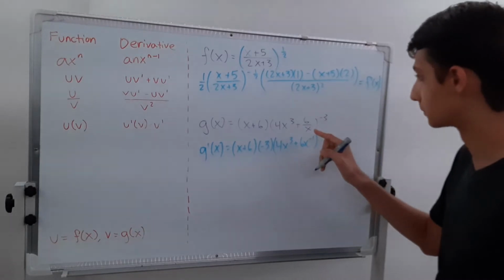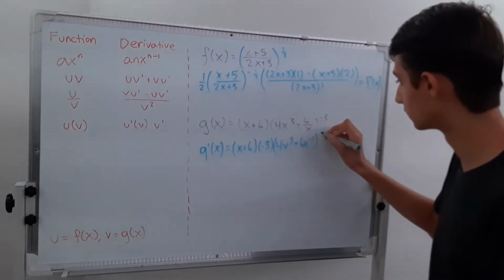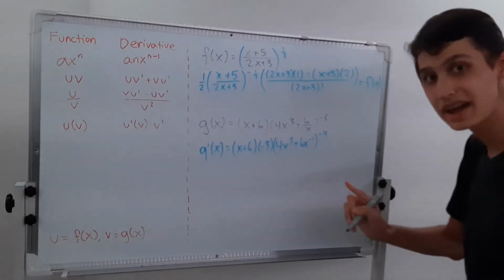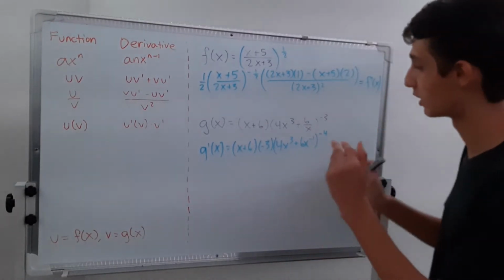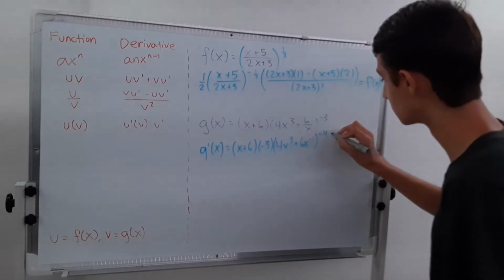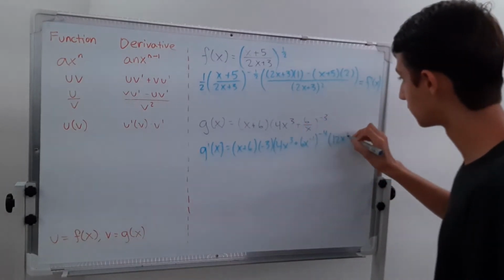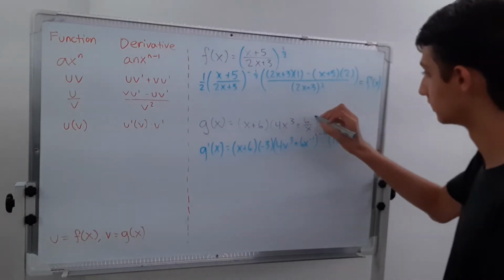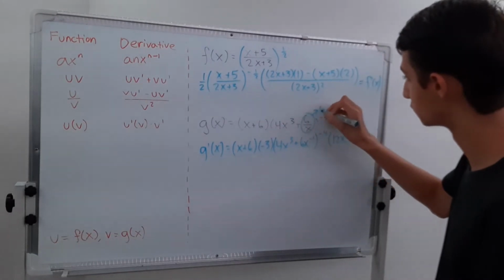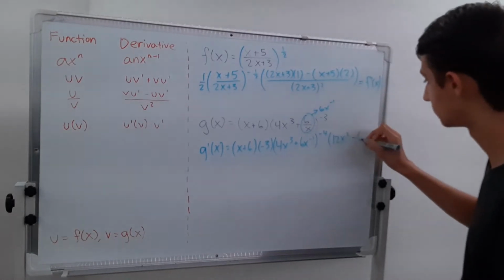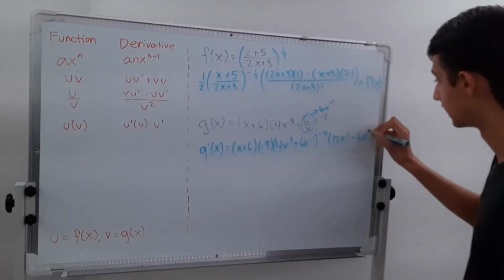6x to the negative 1 times, this is actually just going to the negative 4 power because we're subtracting 1. And then, remember, don't forget, you have to multiply by the inside derivative, which is going to be 12x squared plus, again, this is 6x to the negative 1. So this is actually a minus 6x to the negative 2.